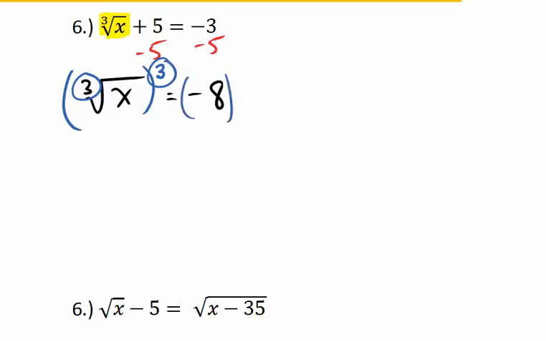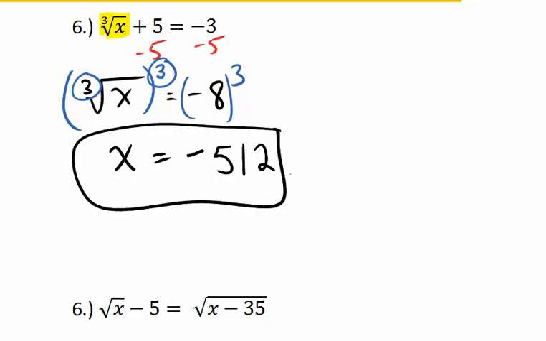So I'm going to cube both sides. When we do that, the radical is going to cancel out and you're left with x. And when you cube the -8, it gives you -512. If you were to plug it back in, it checks out. And our answer is -512.